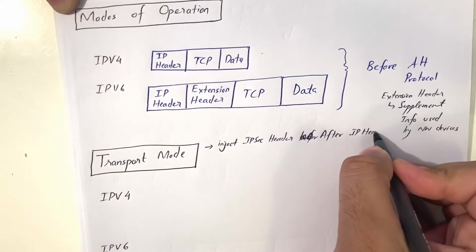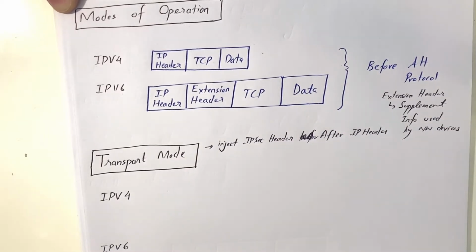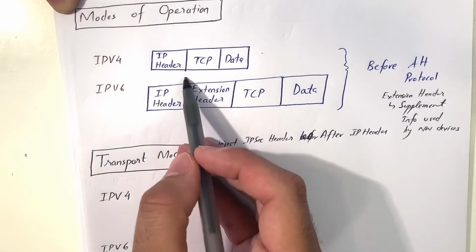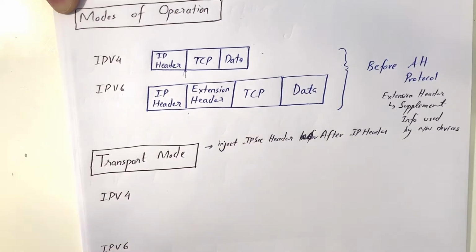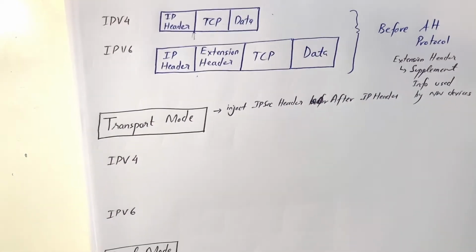So the IP header will not be encrypted or affected. We will put the header right down here, after the IP header. Let's see how this packet will look.